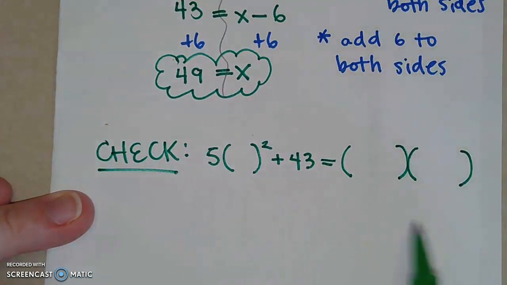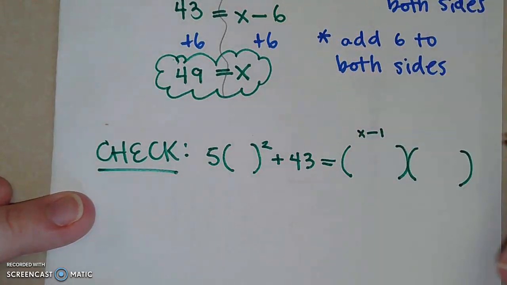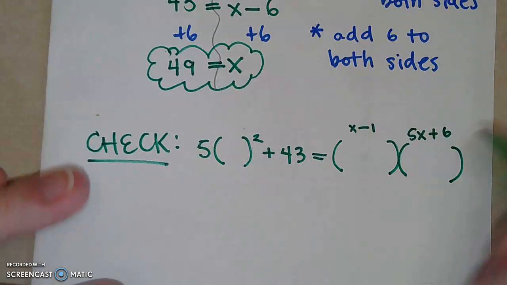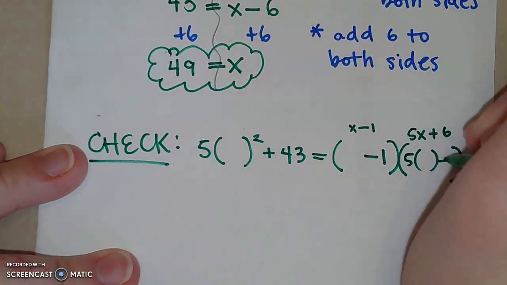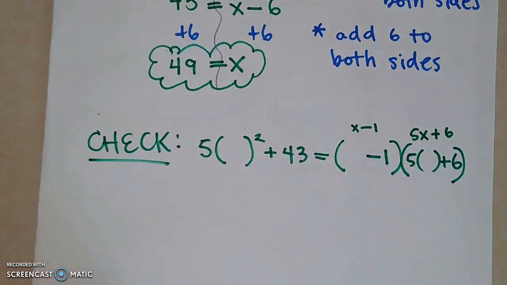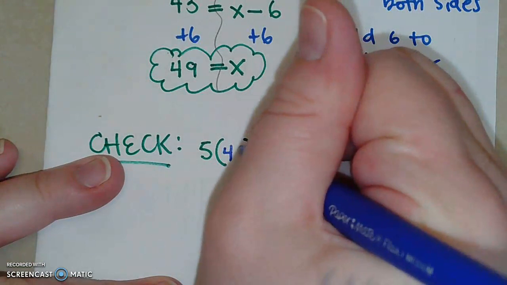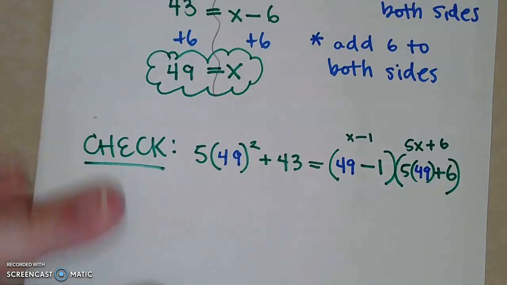This is going to get a little tricky because I already have parentheses, so we just have to be careful with our organization here. Don't get too intimidated by all these parentheses. All right, so we said our answer is 49. So everywhere where those x's were, I'm putting a 49.